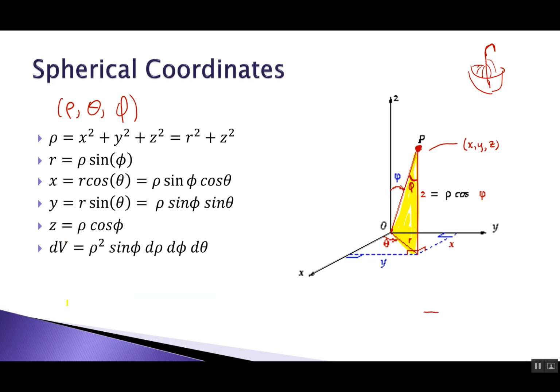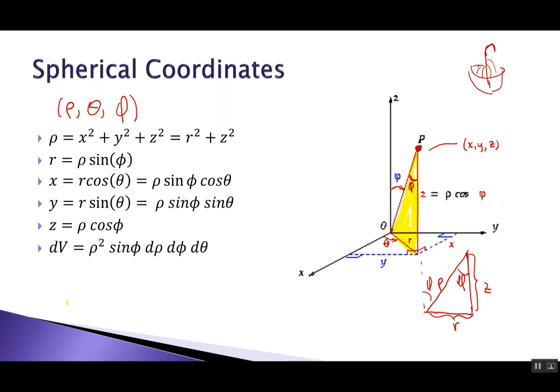And here's what this looks like. There's my rho. Here's the z-axis and my phi. And here's my other phi. So those are both phi. This is my z, and this is my r. If you remember this triangle, you can get anything that you need here. That triangle is the key.